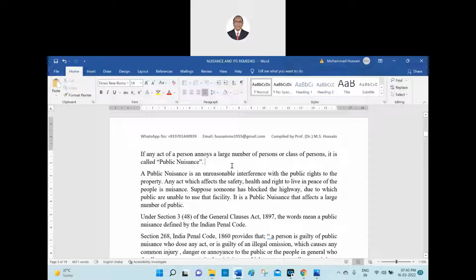So a public nuisance is an unreasonable interference. Why does an accident happen? Can anyone tell me? Quick, either say or say pass on.